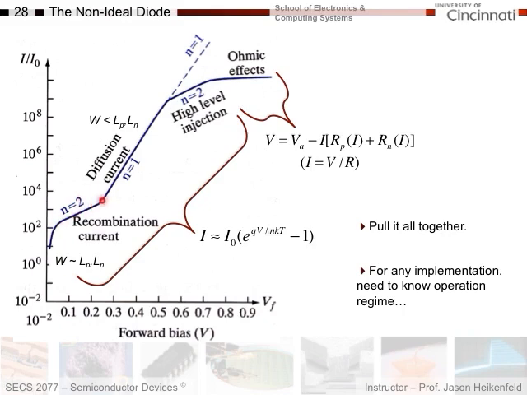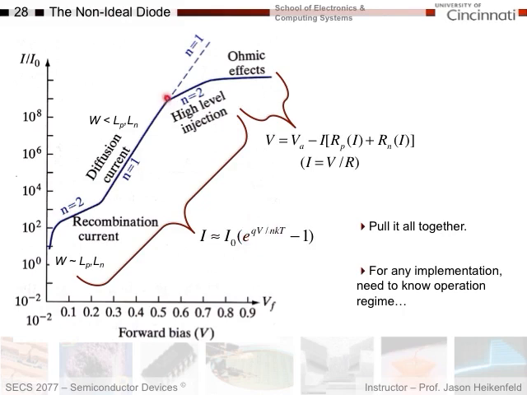Then when I get to normal bias, my depletion region shrinks enough such that the recombination in the depletion region goes away. Then I get back to N equals 1. This is my normal exponential increase in current, and the slope here is twice as much as the slope here, which makes sense because I'm plotting this function on a log scale, right? And it's exponential.